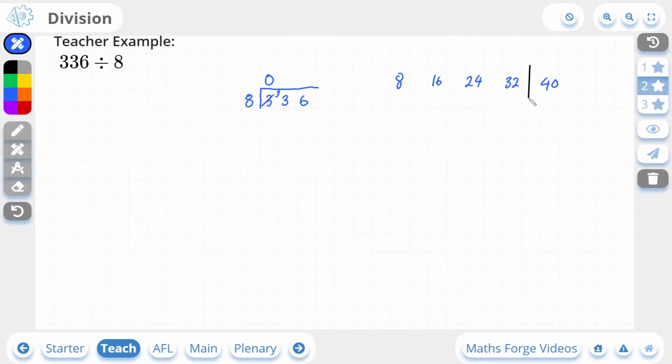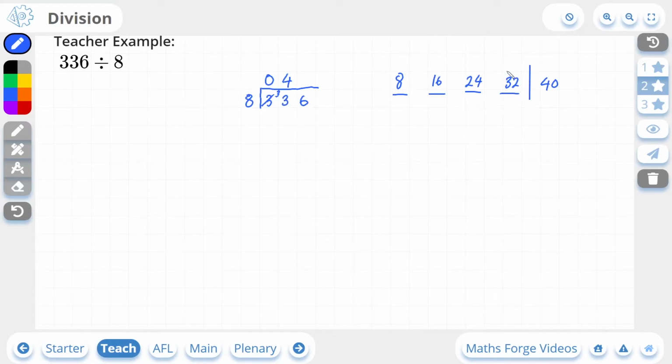So I'm just going to put a line here. And you can see that up until 33, we have 1, 2, 3, 4 times 8 goes into it. So in the 8 times tables, it goes into 33 4 whole times. And then this is the number that we actually put here. So 8 into 33 is 4 whole times, but there's still a bit left to reach 33.